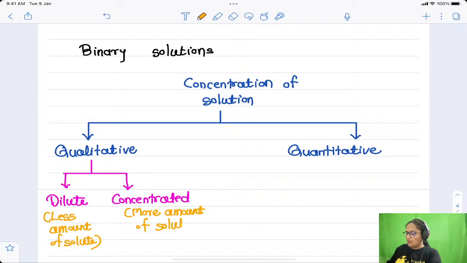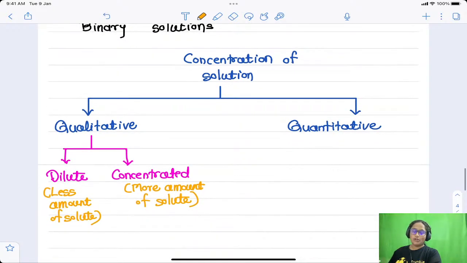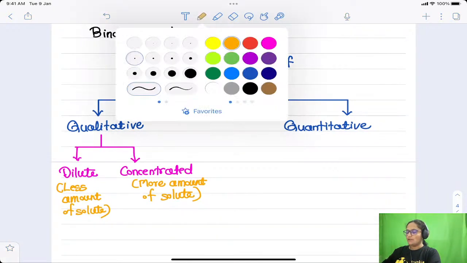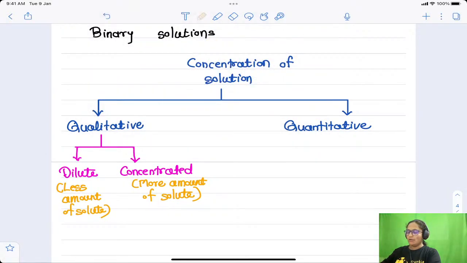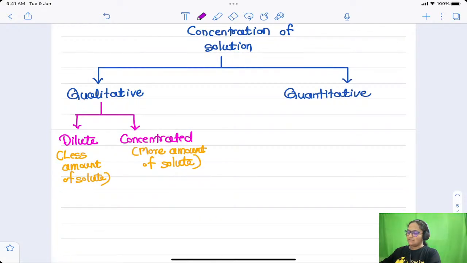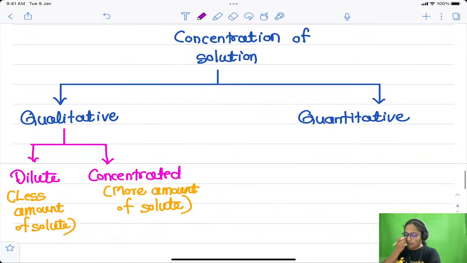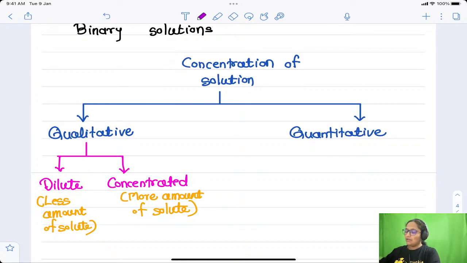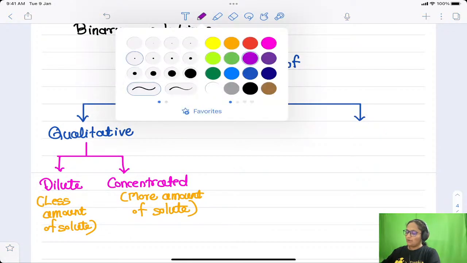So from dilute and concentrated you can only talk about the quality, that is whether less or more, but you cannot tell the exact number of particles present. Therefore, in the qualitative method we only talk about whether the solution is dilute or concentrated. Whereas in quantitative analysis, you actually calculate the number of particles present in the solution, that is, you express the quantity.